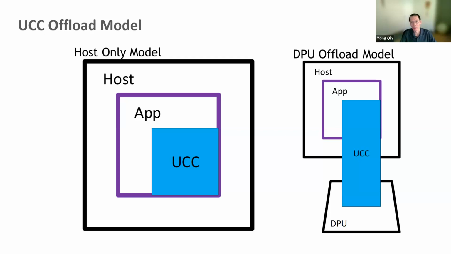But when we're talking about offloading the collective libraries to the DPU, then we can take a look at it on the right-hand side. This is the approach that we're currently taking. We can extend a portion of the collective libraries from the host side to the DPU. So both the host and the DPU can work collaboratively on the same collective, and progress the collective, to take advantage of the extra capability that the DPU provides.